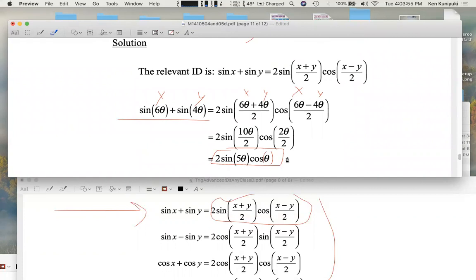So then you would set this equal to 0, and you would then solve this thing here equals 0. So you set sine of 5 theta equal to 0, solve that. Set cosine of theta equal to 0, solve that, and you get the full solution set. That takes some time. And I would not give you that kind of a problem on homework or exams, but you could do that. In calculus, maybe you will have to someday. It'll take some time, though.